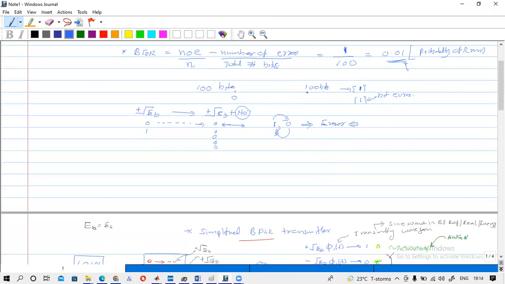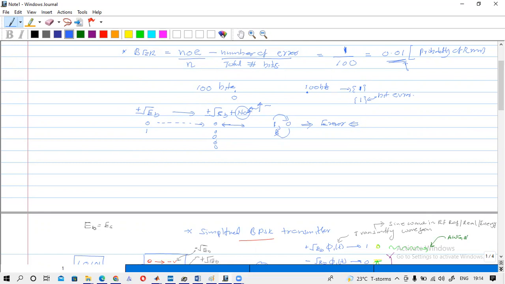When we are increasing this value N naught, we are increasing the power of the noise signal. So this is related with the power.